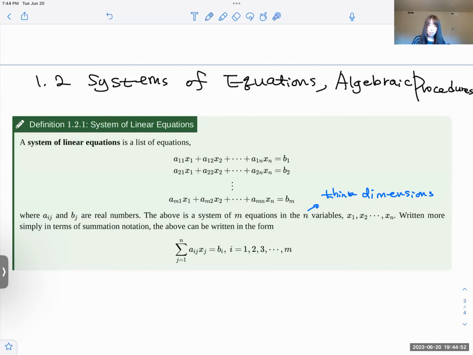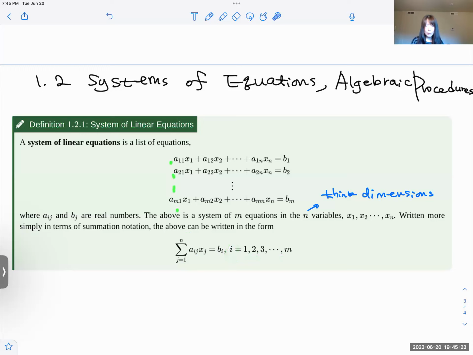Now, this one we can express as a summation because everything is addition, right? So the summation of a sub ij and x sub j, where j starts from 1 to n, and i starts from 1 to m.